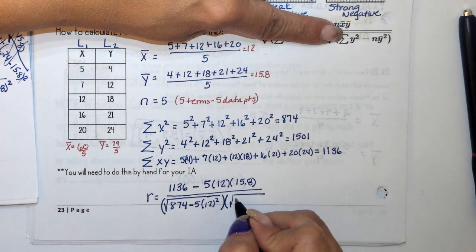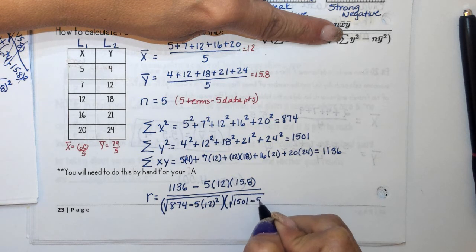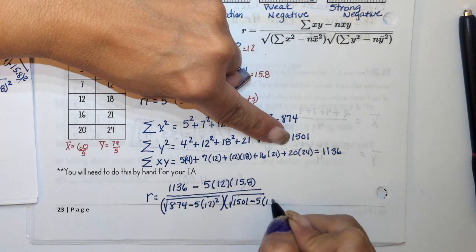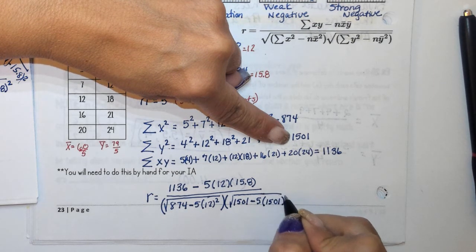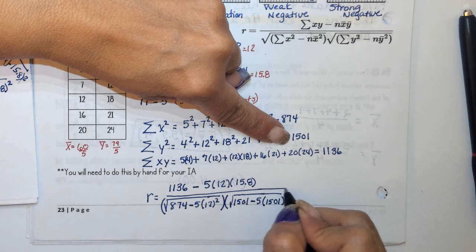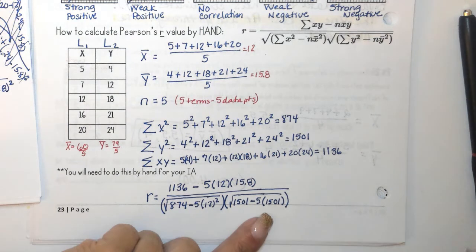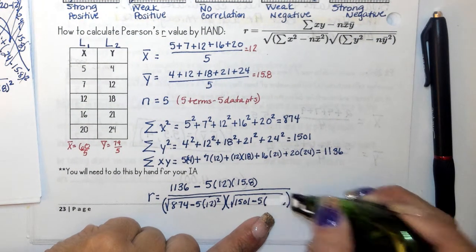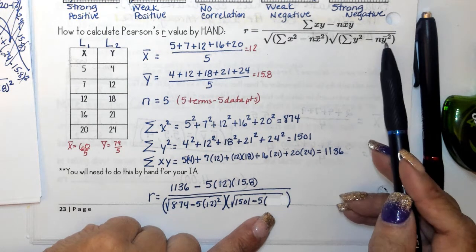Y squared is 1501, minus 5 times the y squared, which is 1501. Oh, I'm sorry, I didn't do that right. The y bar, not y squared. Glad I caught that.